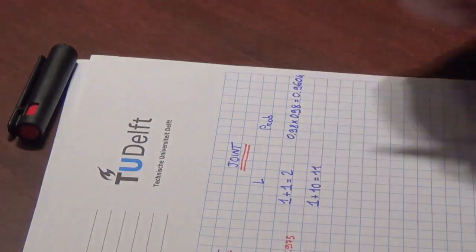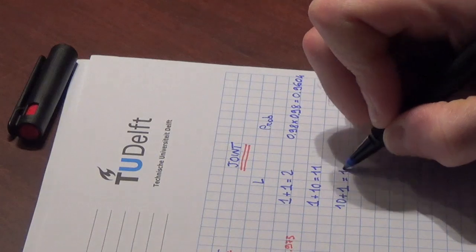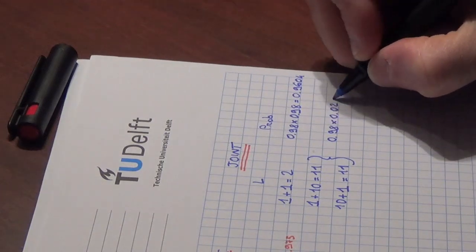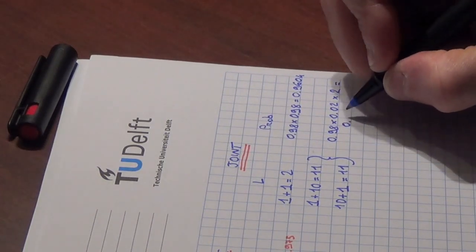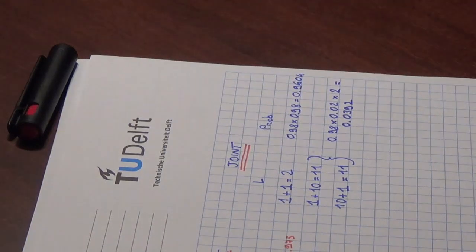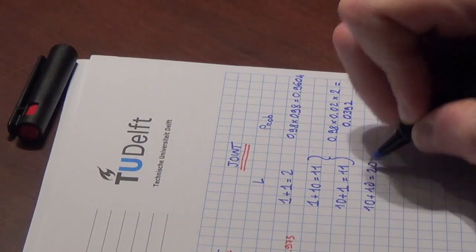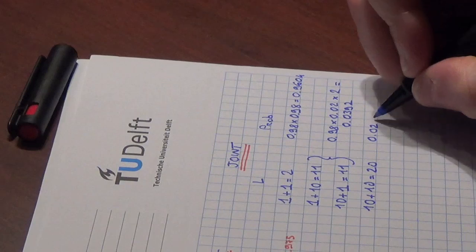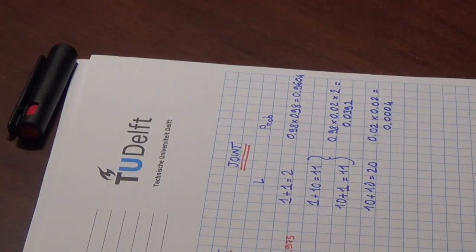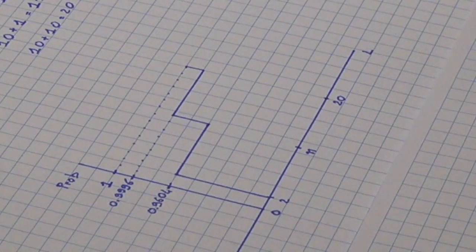Then we have a possible joint loss of 11. This can be obtained as 1 million loss from the first investment and 10 from the second, or vice versa. Hence, the probability is 0.98 times 0.02 times 2. Finally, the worst scenario is the one in which we lose 20 million. Here, the probability is 0.0004. As usual, we can draw a graph of the empirical cumulative distribution function of losses.